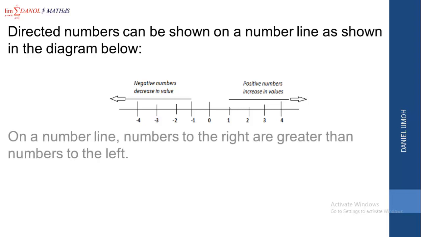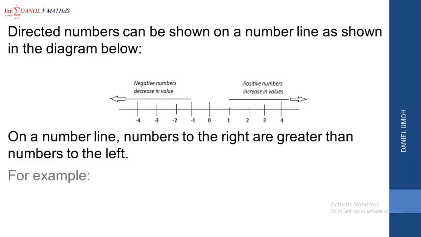Now, on the number line, numbers to the right are always greater than numbers to the left. Take note of this. For instance, 2 is greater than -4. You can see that. Take note of the greater than sign. 2 is greater than -4. It also means that -4 is less than 2. So you see the greater than sign and the less than sign.